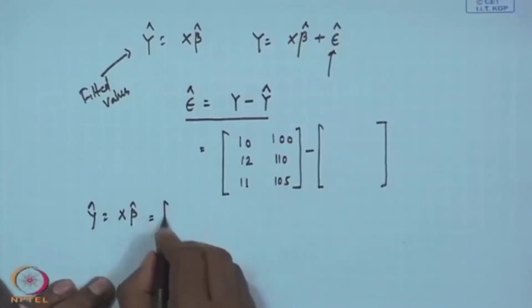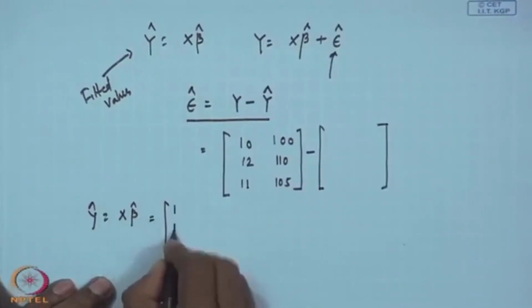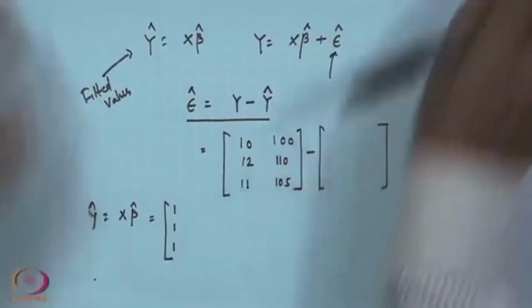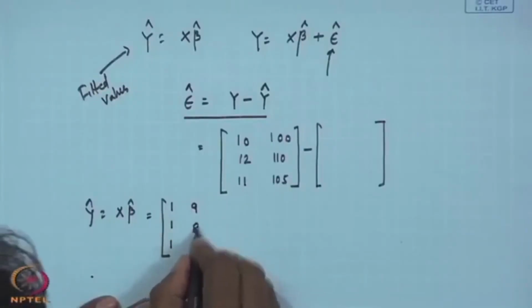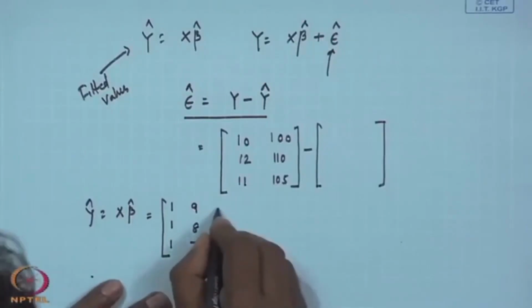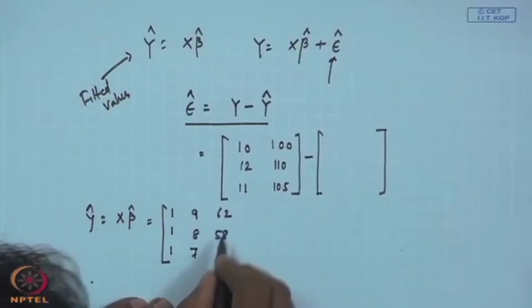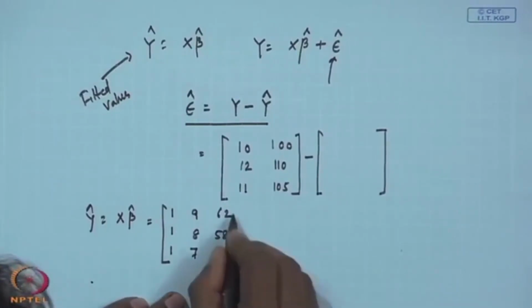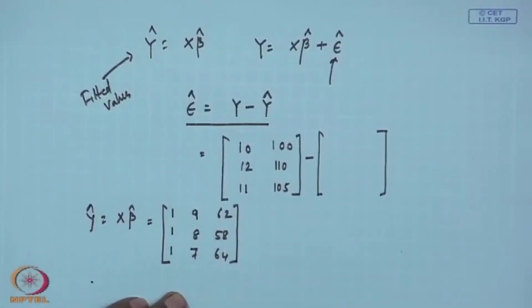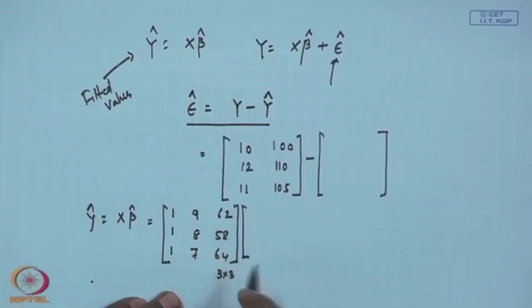Now x is 1 1 1, then from the original data set, 9 8 7, then 62 62 58 and 64. So this one is 3 cross 3. Then what is your beta?